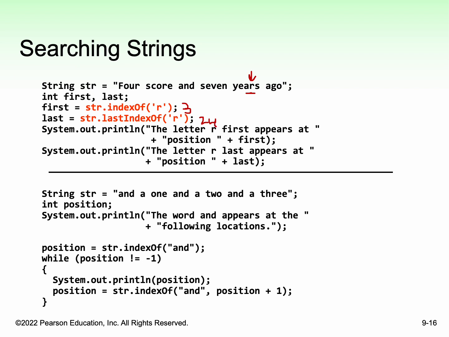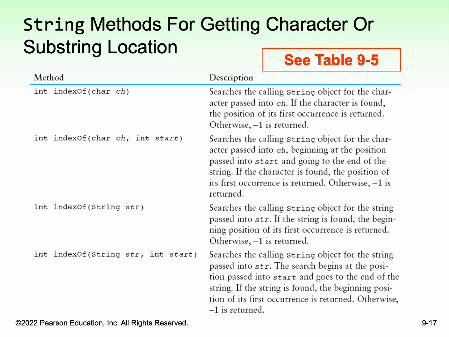The white spaces count as their own separate index. So after you count all of the white spaces and letters, R is going to be in the position of 24.